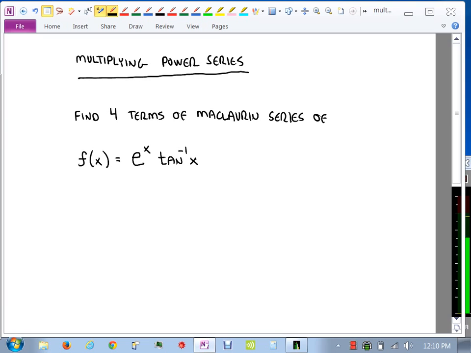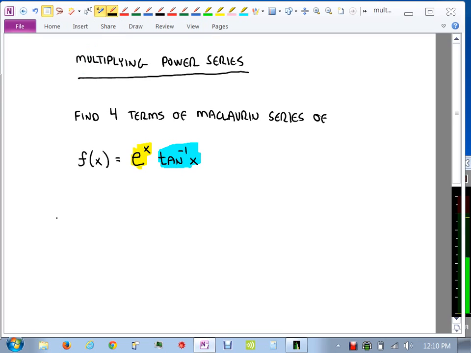So let's, again, flip to that table that you have, page 484, and notice that we have Maclaurin series for both e to the x and the arctan, right? We have series for each.